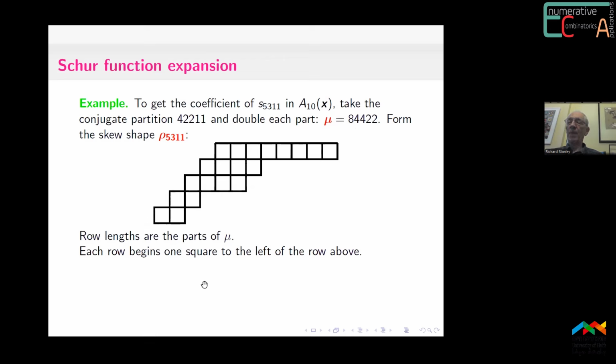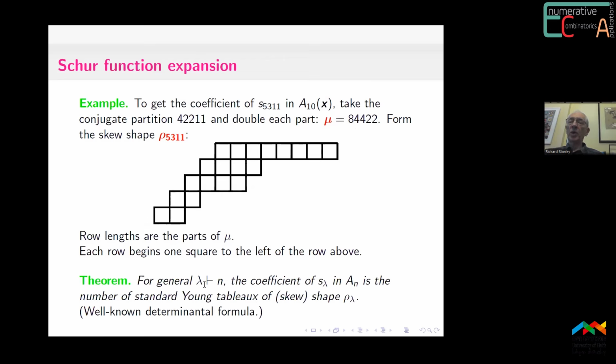And the theorem is that for any lambda partition of n, the coefficient of S lambda in AN is just the number of standard Young tableaux of this skew shape. Pretty amazing theorem, in my opinion. And I should mention there's a well-known determinantal formula for the number of standard Young tableaux of a fixed skew shape.